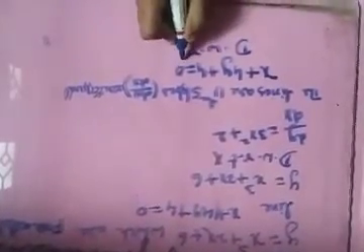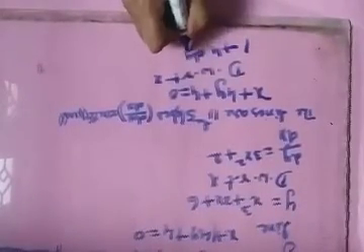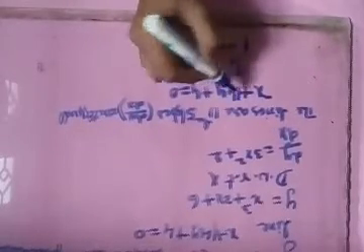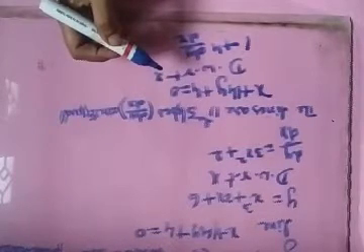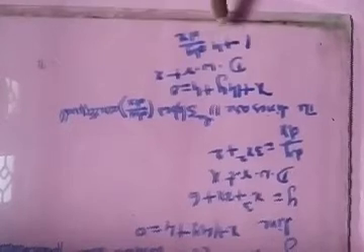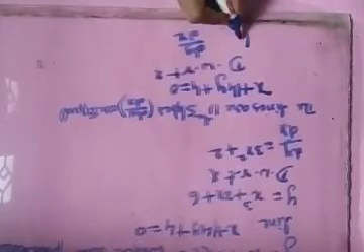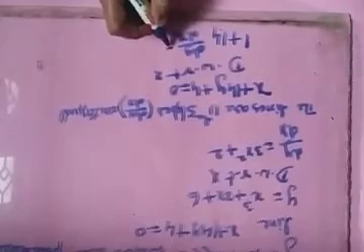Differentiate with respect to x. The x derivative is 1, plus 14 into y derivative, dy by dx, is equal to what? 0.